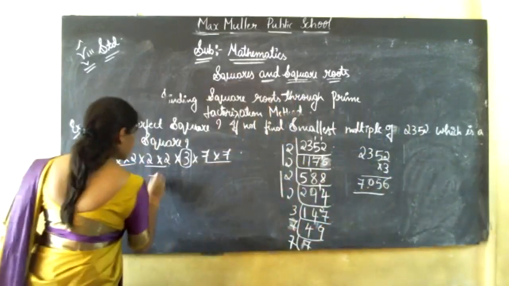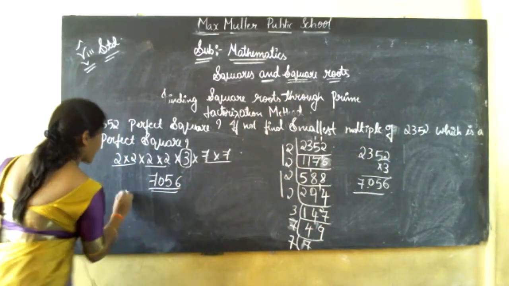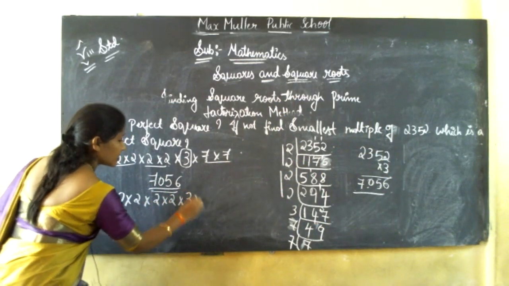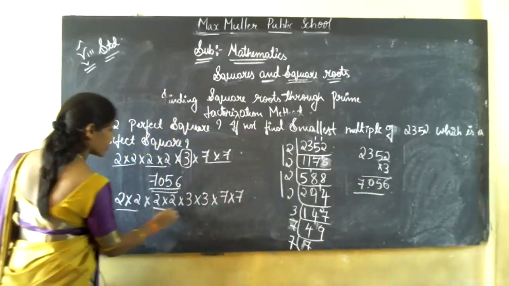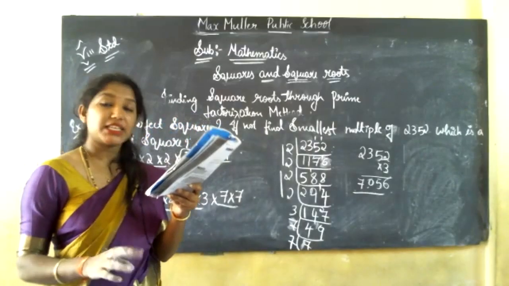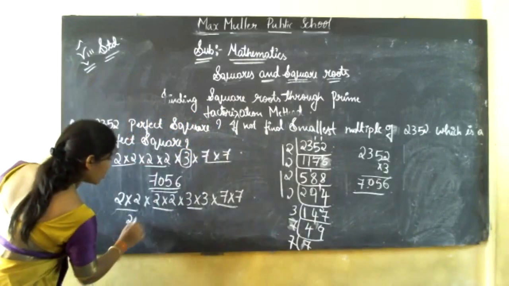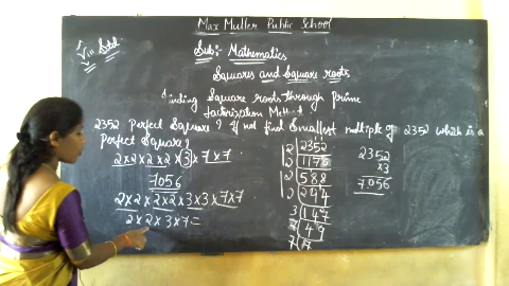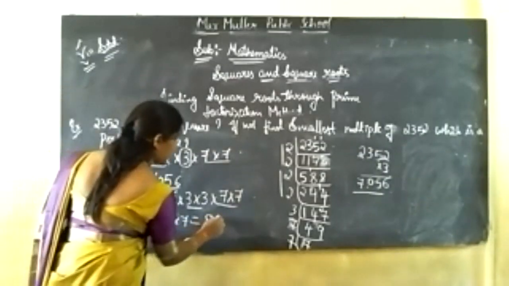For 7056 you will be getting the pair numbers 2 cross 2 cross 2 cross 2 into 3 cross 3 into 7 cross 7. You got the pair numbers now, is it not? So this is a perfect square. So here if you do 2 cross 2 into 3 cross 7, you will get 2 2s are 4 and 7 3s are 21. 21 into 4, it is 84.